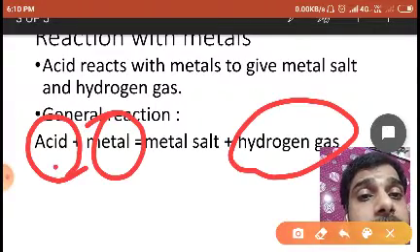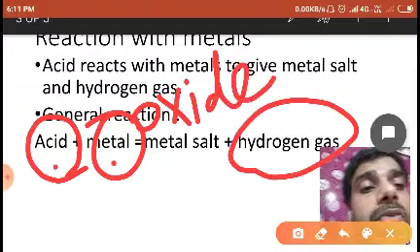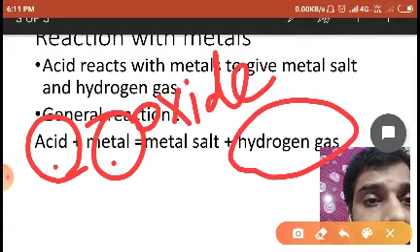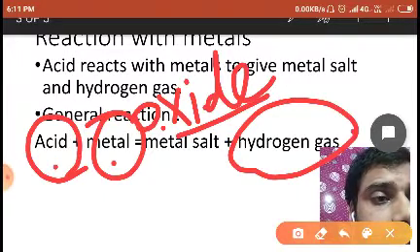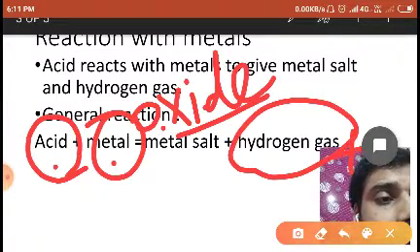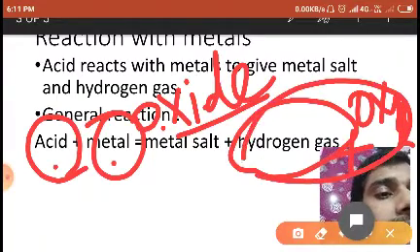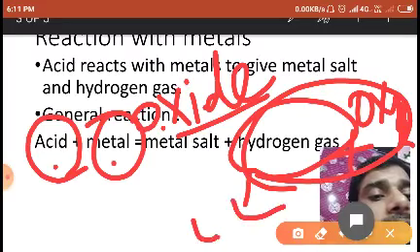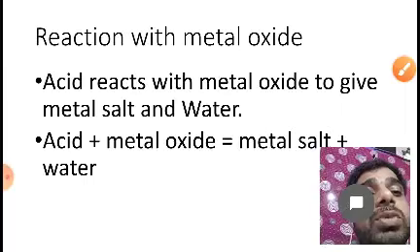But what happens if I add oxide into this? Dear students, you know oxide, so that oxygen will come and be placed here. So hydrogen and oxygen, what will they form? Hydrogen plus oxygen will form water. So that's the reaction with metal oxide.